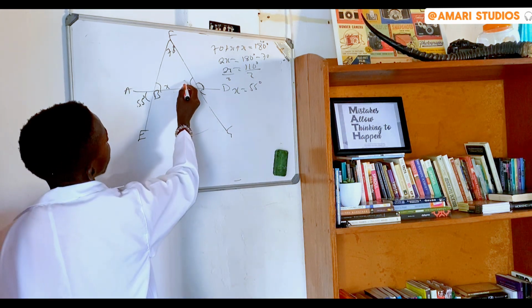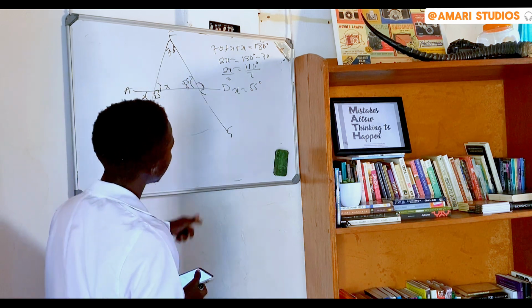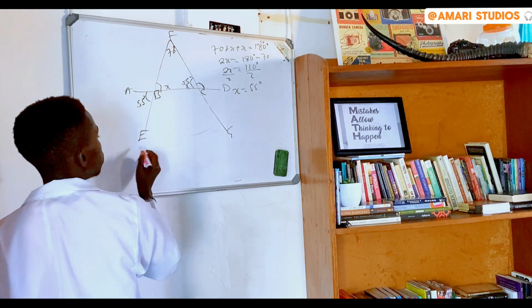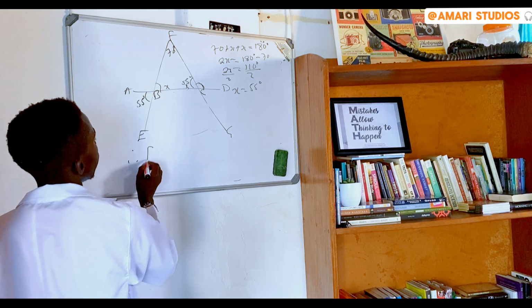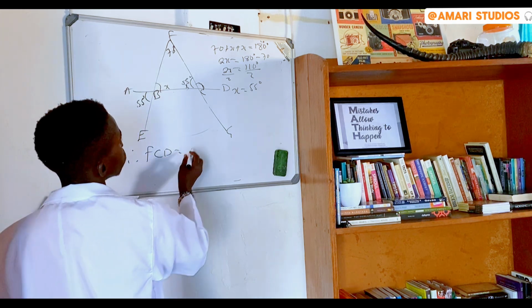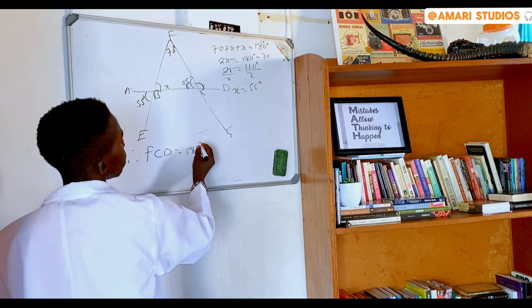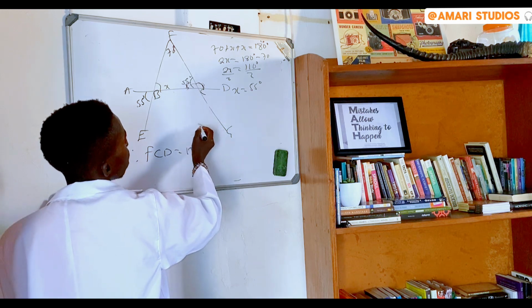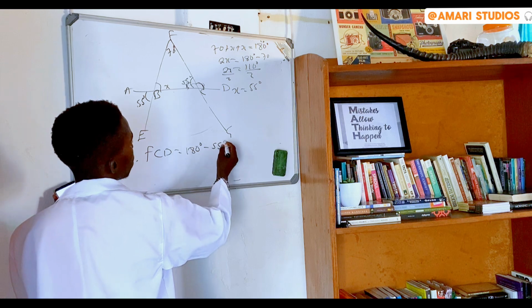So now, the angle that is over here is 55 degrees, that means we can find the angle at C. The question said, can you find FCD? Therefore, FCD is equal to 180 minus the angle representing X there, which in this case is 55 degrees.